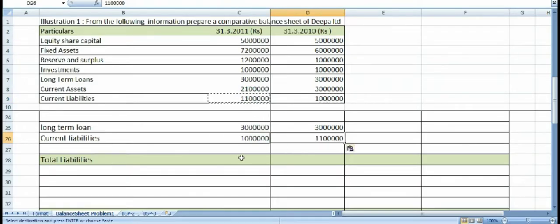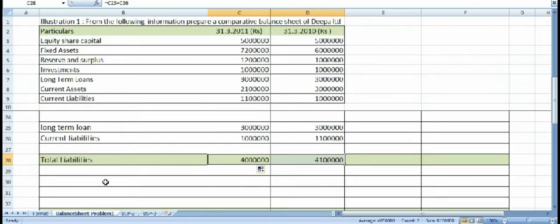Next I am going to do the total of long-term and short-term liabilities, that is 30 lakh plus 10 lakh, 40 lakh. Then I do the same sum for the year 2011. Total liabilities are done.